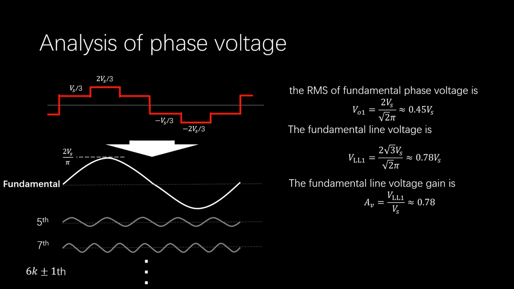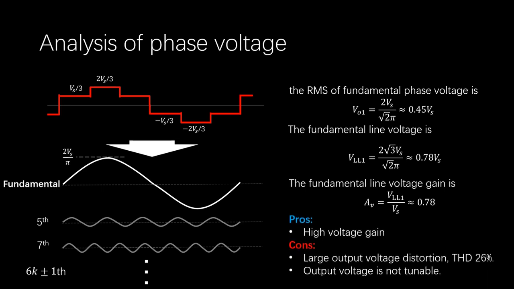Comparing with other three-phase inverters, the square wave inverter has the highest line voltage gain. However, the output voltage distortion is serious. It contains a lot of low-frequency harmonics. The orders of these harmonics are 6K plus 1 and 6K minus 1, and the amplitude of the output voltage is not adjustable.